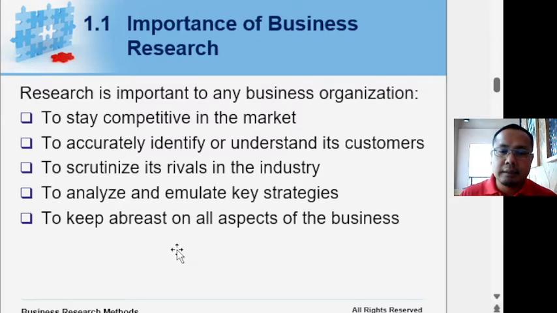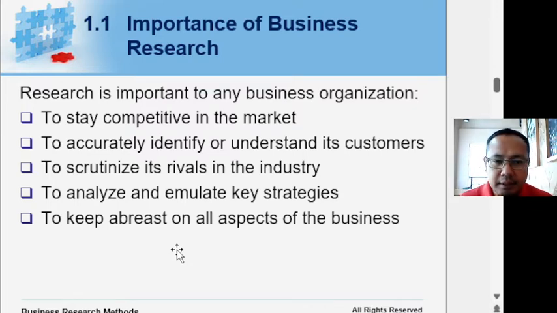And we need to do research, and specifically business research, to achieve that competitive advantage and sustain it, and to accurately identify and understand each customer. So one of the very important points to stay competitive, to be sustained in a competitive environment or competitive position, is that we must focus on the customer.